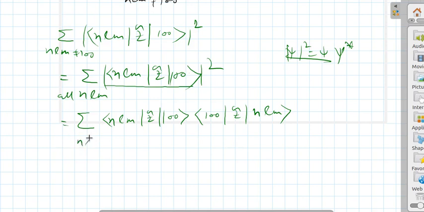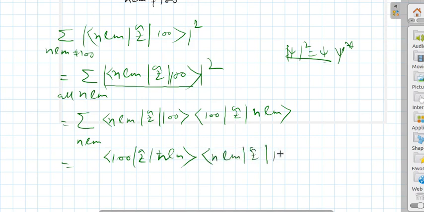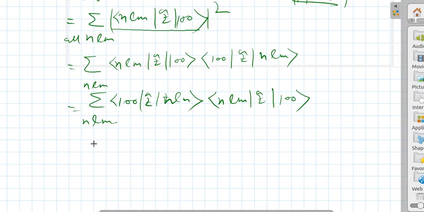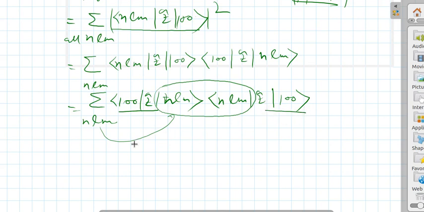For all NLM, let me rewrite it: 100 Z NLM, and if I put summation over this, it goes here, because this part is also constant.